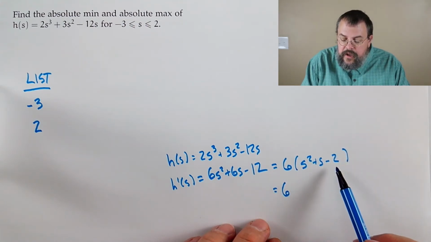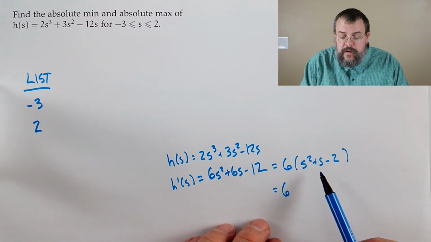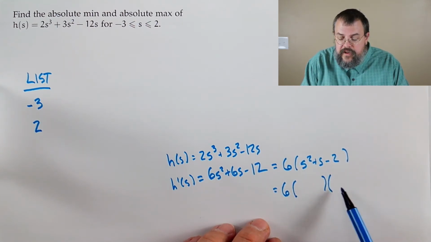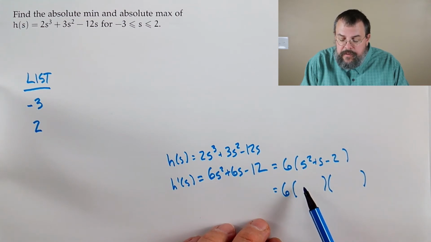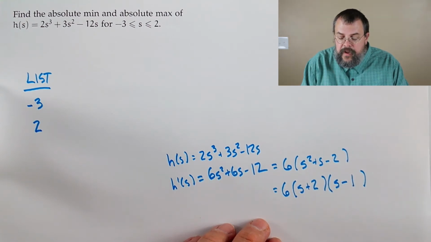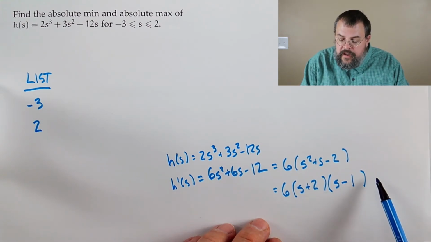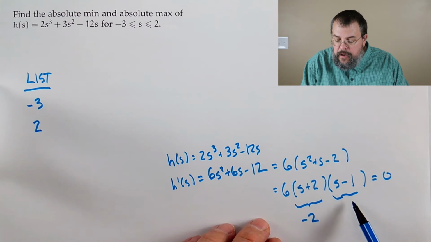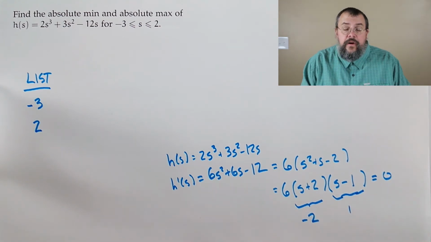Let's see. I need two things that multiply to -2, but add to +1. So let's check. So that would be what? It would be s plus 2 and s minus 1. So if we set now our derivative equal to 0, we say, aha, we would have -2 or +1. Those are places where our derivative is 0.